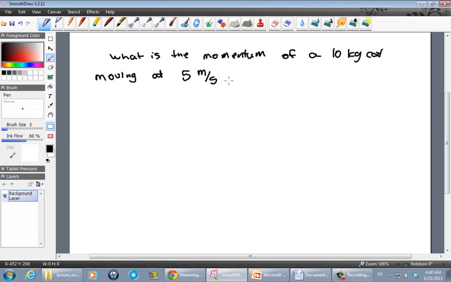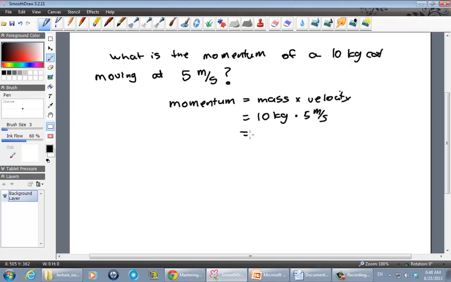Okay, so what is the momentum of that cat? Well, momentum equals mass times velocity. So it's 10 kilograms times 5 meters per second equals 50 kilogram meters per second.